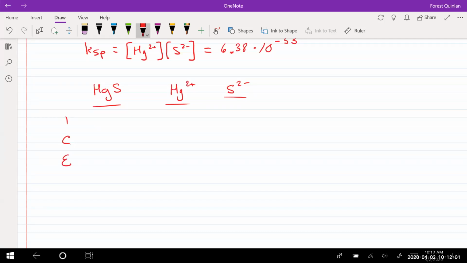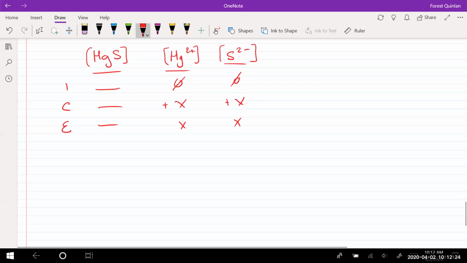All right, so let's take a look at this. If we look at our initial concentrations, hopefully clearly you see that we don't care about the mercury sulfide. Let's solve this like we normally would. We assume we have nothing, and then as it reaches equilibrium, we add the x's and go from there.